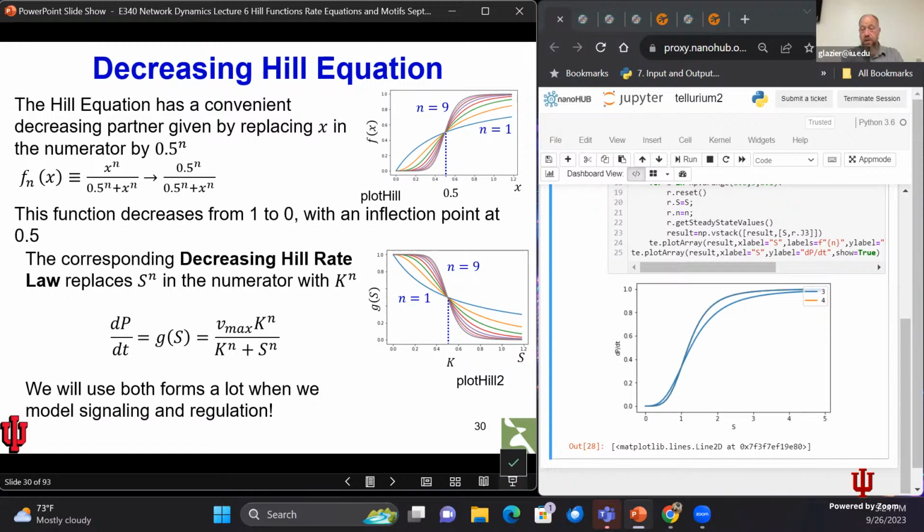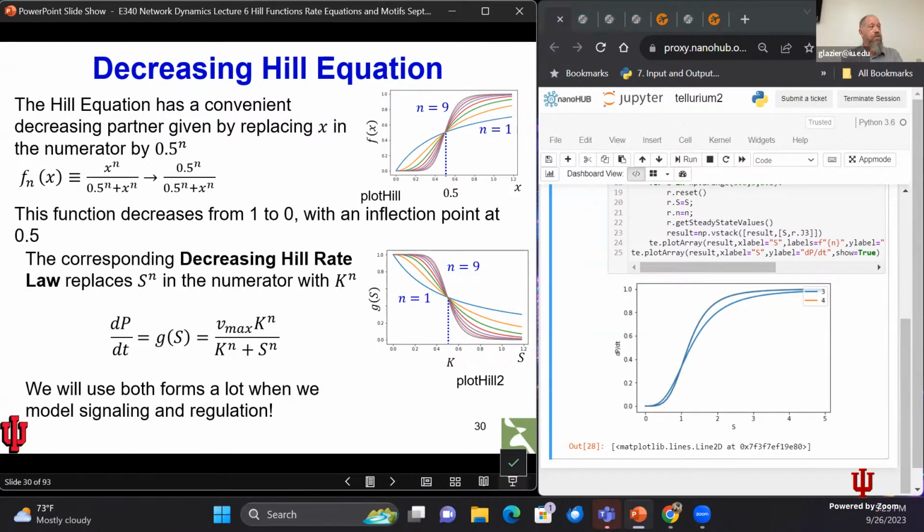However, it is equal to 1 at 0 and goes to 0 at infinity. It also has a maximum slope at s equals k, in this case a maximal decreasing slope. And it also has a partner, the decreasing Michaelis function, which is what you get when n equals 1.